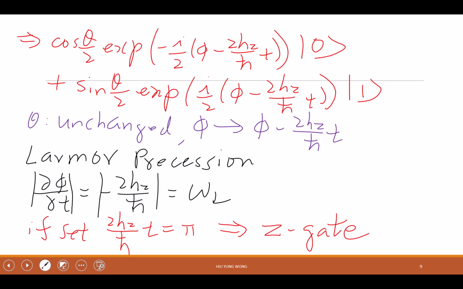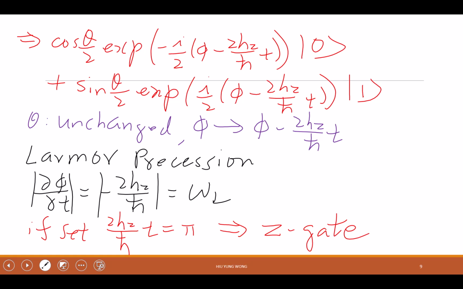Now, this is the first time we connect the matrix to the Schroedinger equation, although the matrix is given. But assume we can construct that matrix, then you know how to implement a Z gate. It's no longer just a simple matrix that you use in the algorithm.